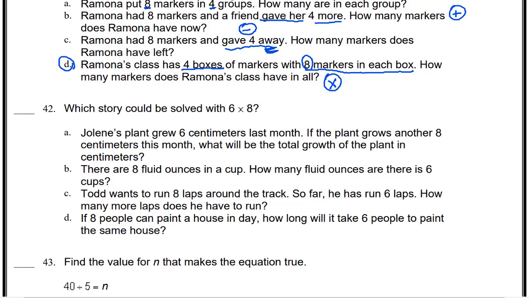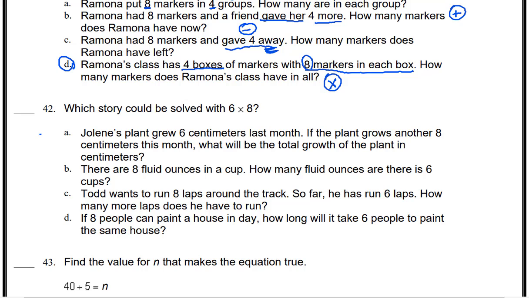Yes, now I hear you well. So, which story could be solved with 6 times 8? I think you did read this one. The first one, A. Read it, my hero. What 8?